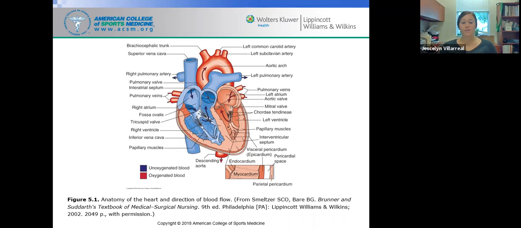If you look at that photo, you have 4 chambers that serve as reservoirs and pumps. So either the heart is holding on to blood or it's pumping out blood. The atria are your 2 upper areas, your 2 upper chambers, and the ventricles are your 2 lower chambers.